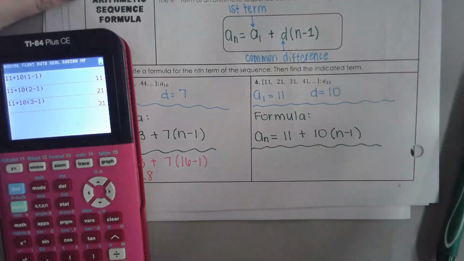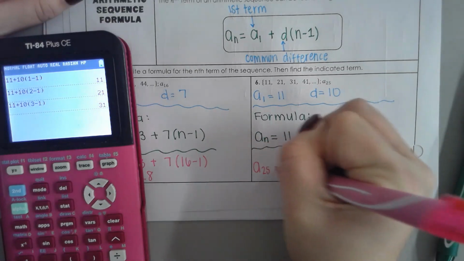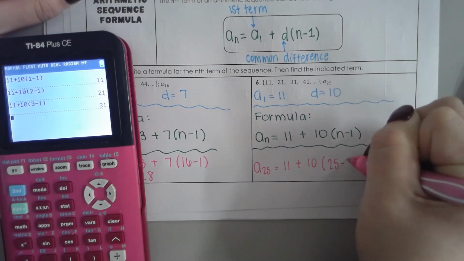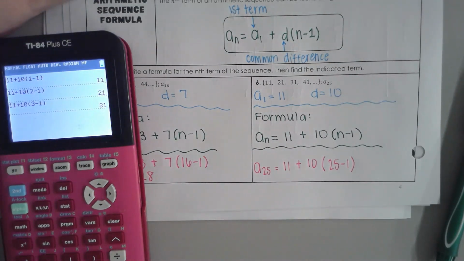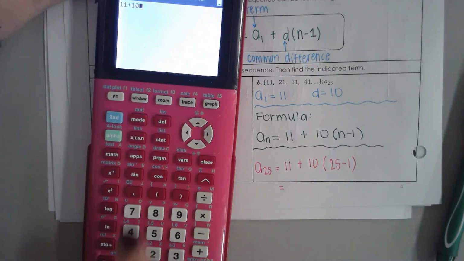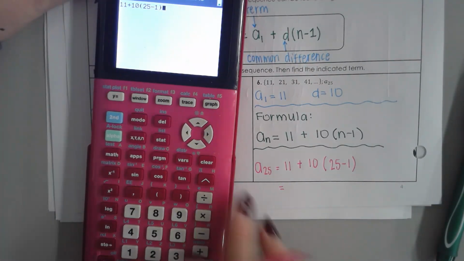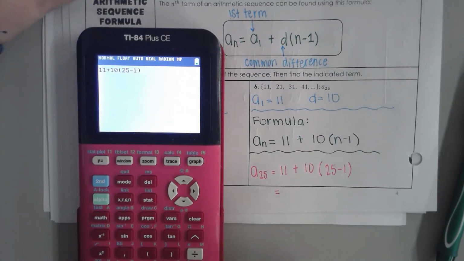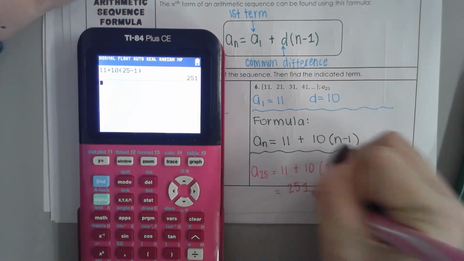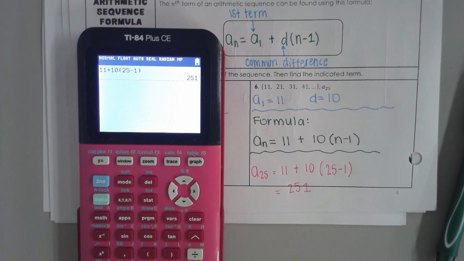So A25 is 11 plus 10 times 25 minus 1. And we get 251. Are there any questions?